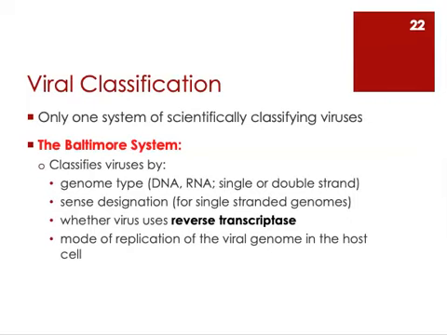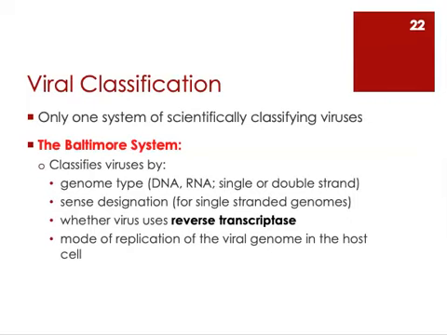We put it in with all the other viruses and group it where it belongs. This is the one system that we use scientifically when it comes to classifying viruses, and it's referred to as the Baltimore system.